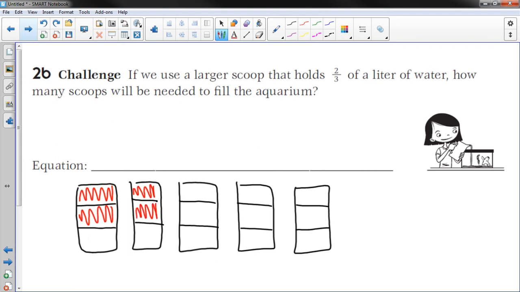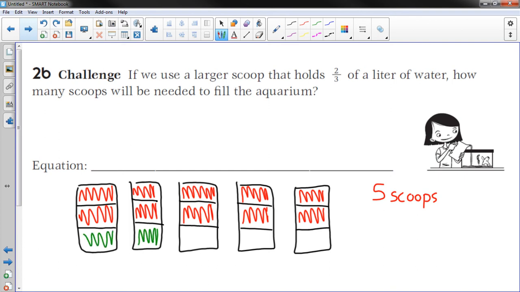So I can get 1, 2, I can get 5 scoops, right? Because there's at least 2/3 in every scoop. And we have 5 scoops, so I know I have at least 5 scoops, 5 liters. So there's 1, 2, 3, 4, 5. There's 5 scoops. And it looks like I have some extra left over, so let's see. 2/3, right?